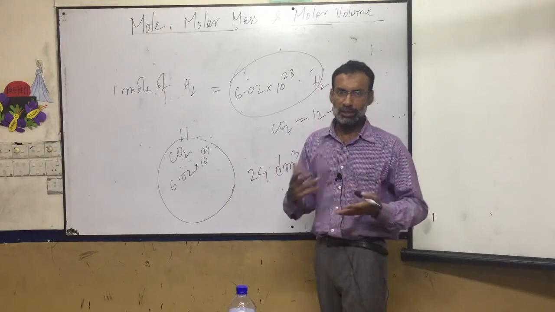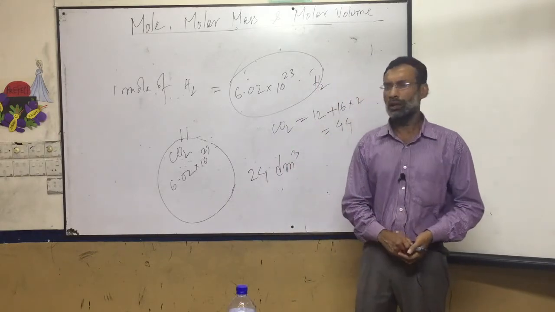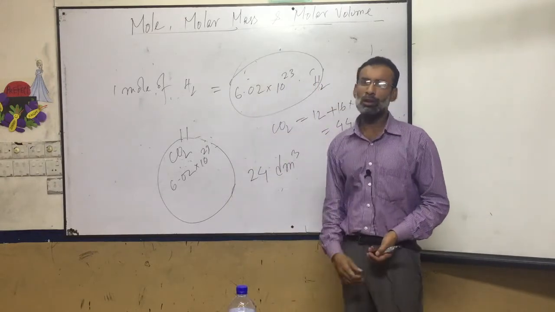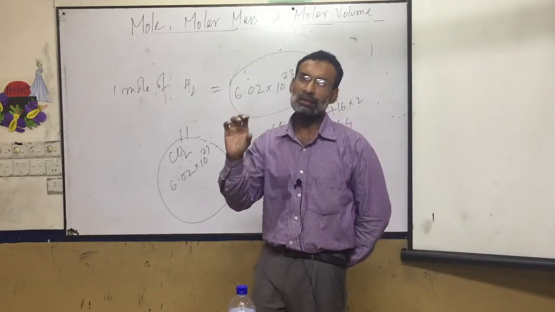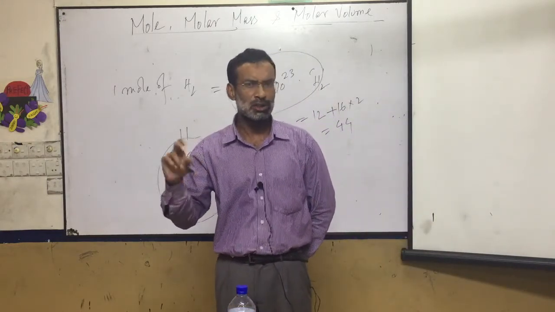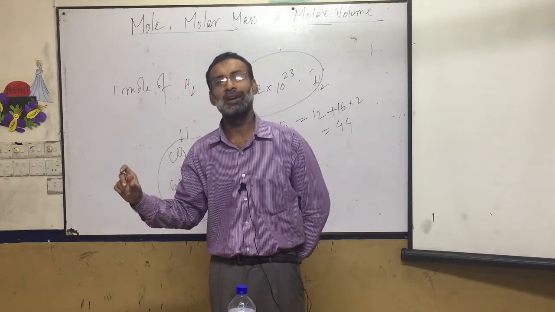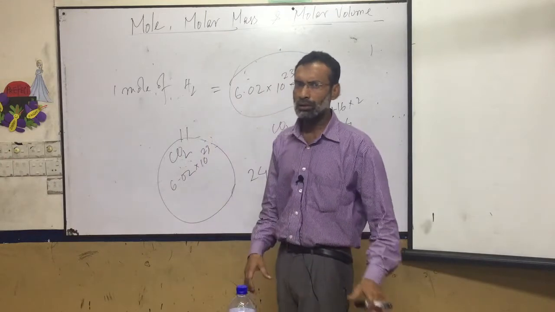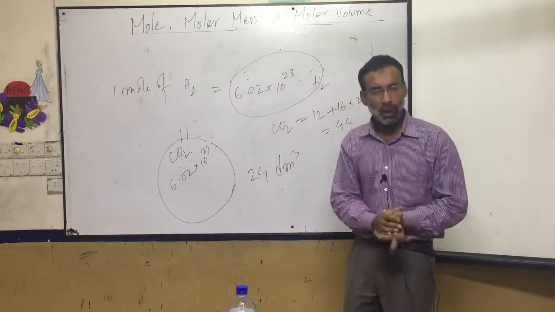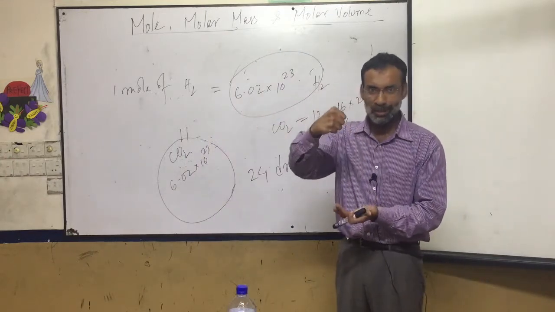So we summarize today's class. Somebody says, what is mole? Mole like a dozen, a certain amount that has Avogadro number, that is 6.02 10 to the power 23 number of particles, and that is mole. And when this number of particles together, this will have mass, real mass.